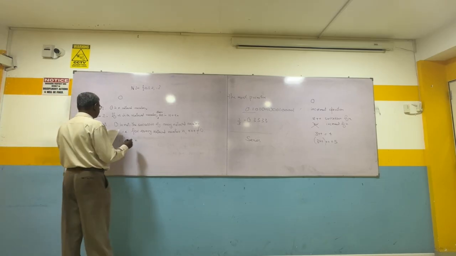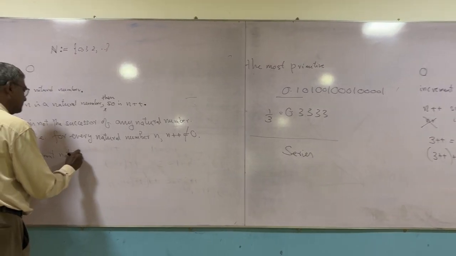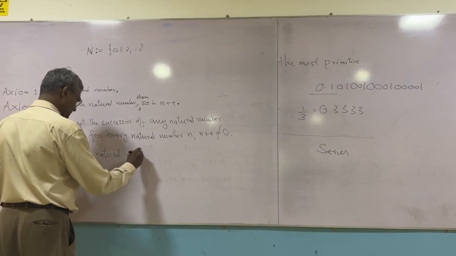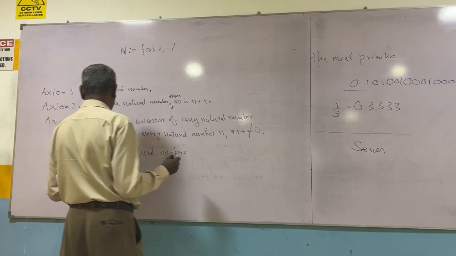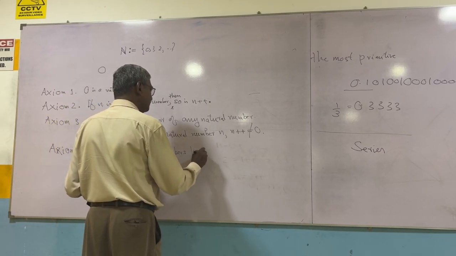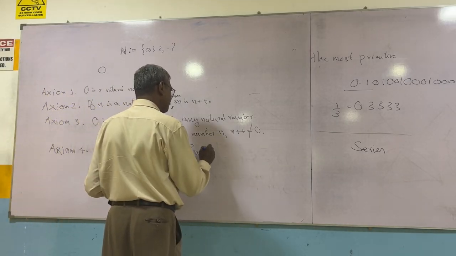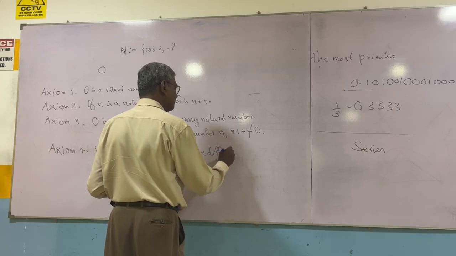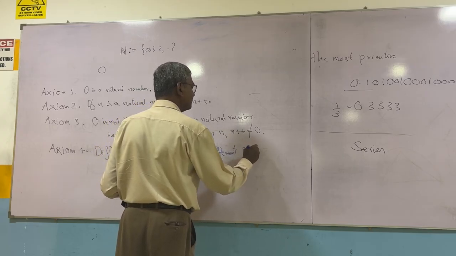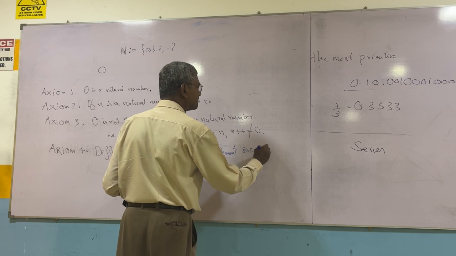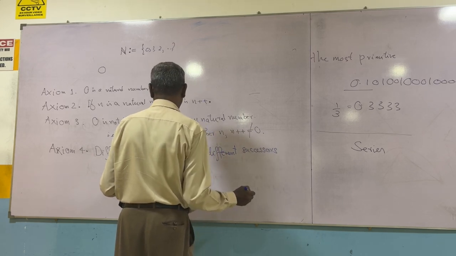Different natural numbers have different successors.